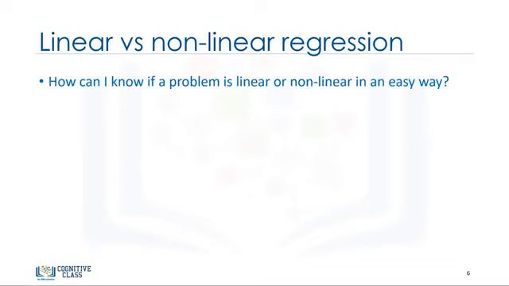Let me answer two important questions here. First, how can I know if a problem is linear or nonlinear in an easy way? To answer this question, we have to do two things. The first is to visually figure out if the relation is linear or nonlinear. It's best to plot bivariate plots of output variables with each input variable.